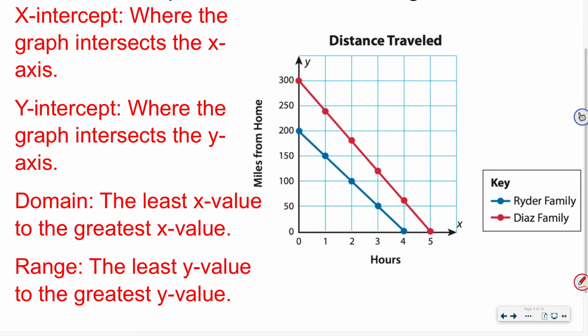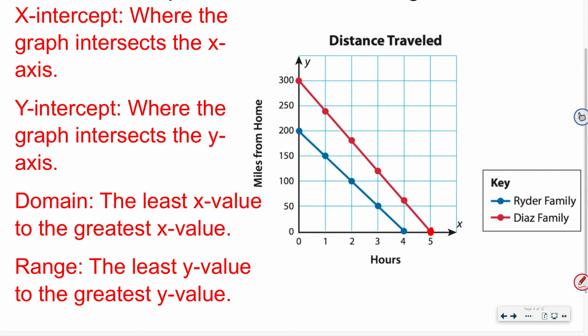So how do you think we could explain the x-intercept? It's the value of x when y is 0. Absolutely. If you look on the line here, where is the x-intercept for the Diaz family? At 5. This is the value for x when y is 0. Good. Does anyone need more time to write down these 3 definitions? Okay, no problem.